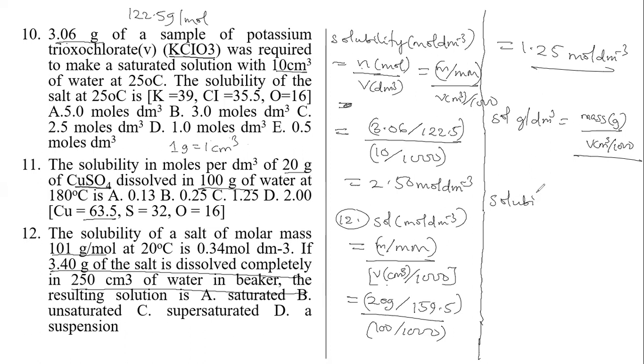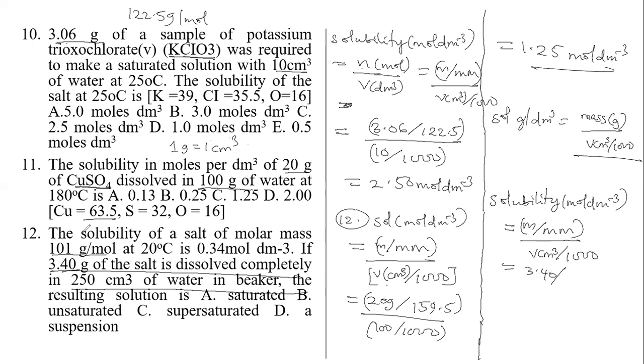Solubility in mole per dm cube equals mass over molar mass, divided by volume in cm cube over 1000. What is the mass of the salt? The mass dissolved is 3.4.